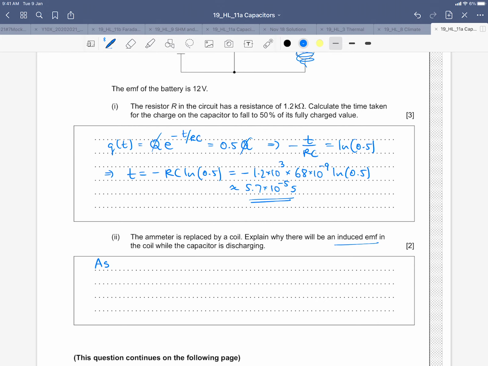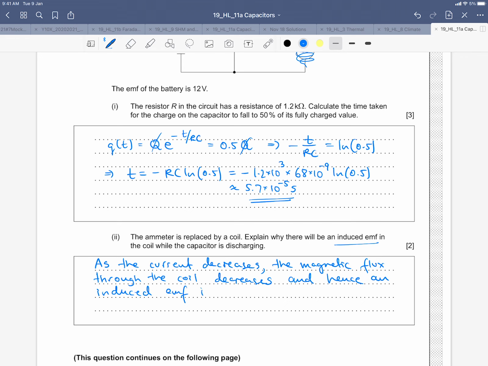So we try and write something along those lines. As the current decreases, the magnetic flux through the coil changes, decreases, hence an induced EMF is created in the coil according to Faraday's law.